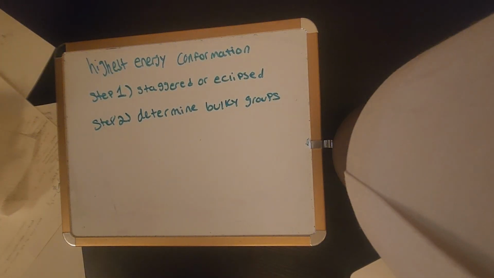Alright, the next thing we're going to talk about is the highest energy conformation. When you're looking at Newman projections, there's really two things you want to do to determine the energy. Step one is determining whether it's staggered or eclipsed.